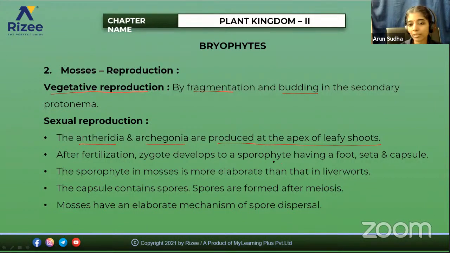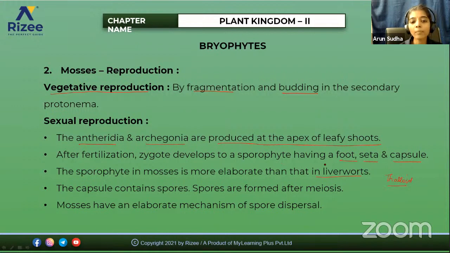So this is the same process that we saw. So the zygote will form a sporophyte having a foot, seta, and a capsule. Then the sporophyte in mosses is more elaborate than that of liverworts. So in the case of liverworts, there is no proper differentiation into root, stem, or leaf. So there it is a thalloid body.